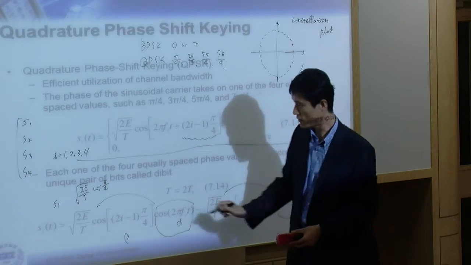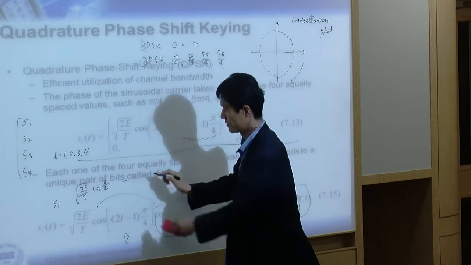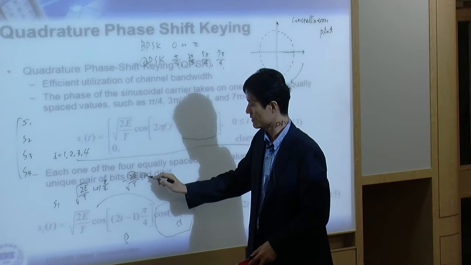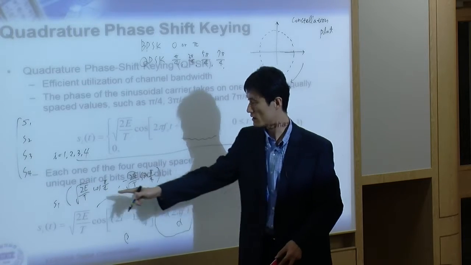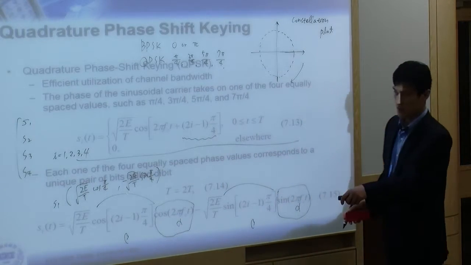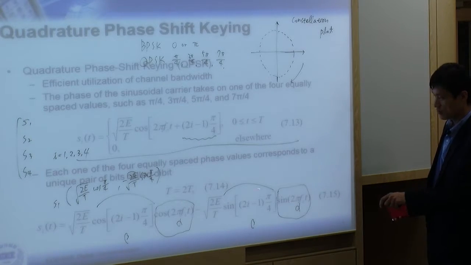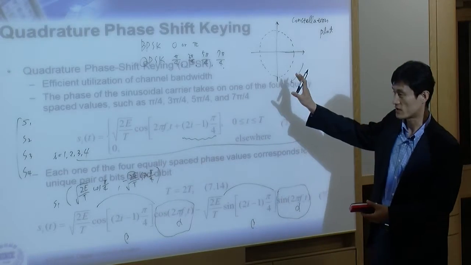And in the sine term, minus root 2E divided by T sine pi over 4. So that is S1, right? S1 is the cosine carrier term, you have this. Sine carrier term, you have this. You have a minus here, right? So let's plot this into this constellation plot.